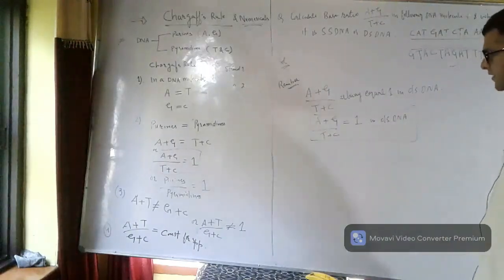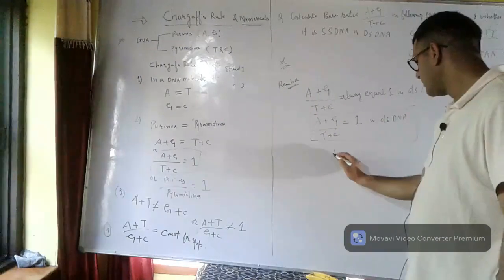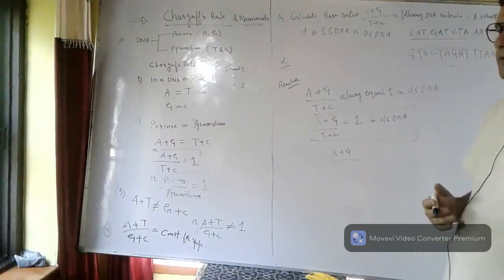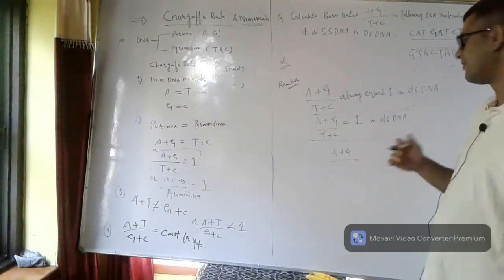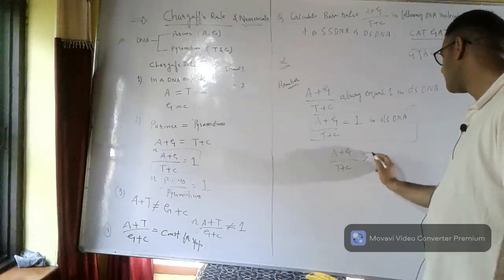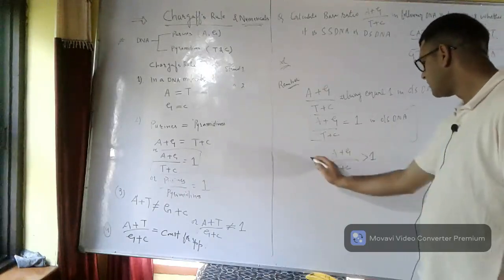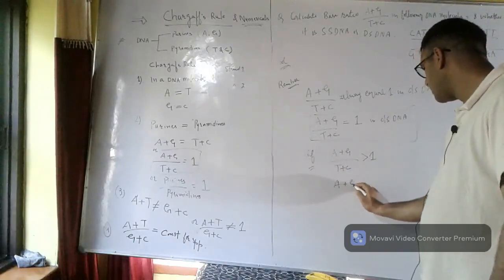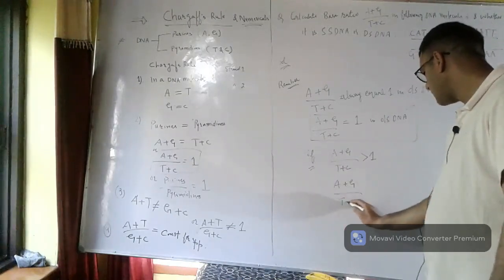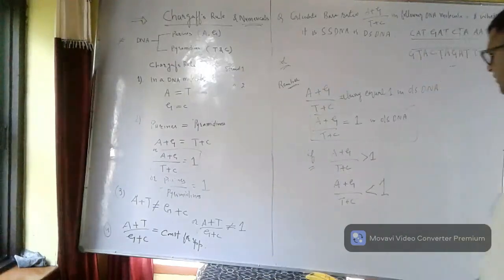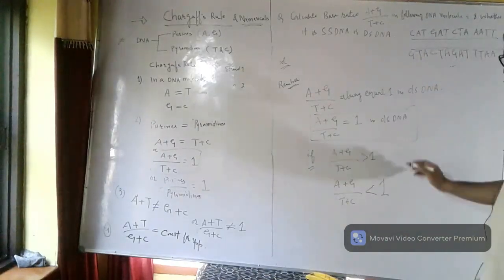Now the question arises: if the base ratio of purines and pyrimidines, that is adenine plus guanine by thymine plus cytosine, is greater than 1, or less than 1, then what?